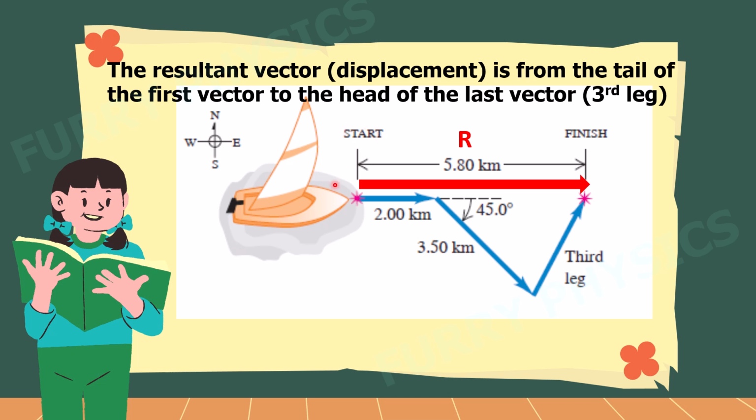The resultant vector, or displacement, is from the tail of the first vector, which is the starting point here, to the head of the last vector. The last vector is the third leg, and its head is at the finish line, the end point.